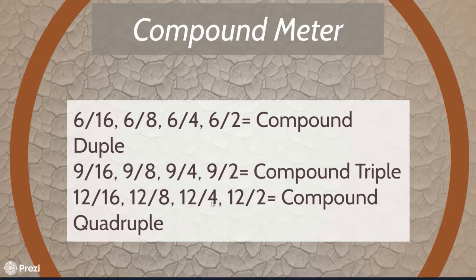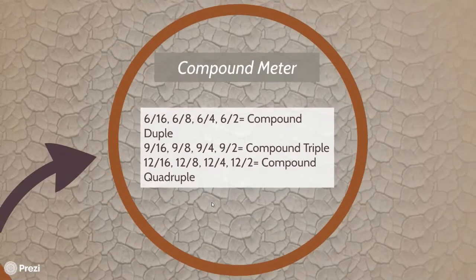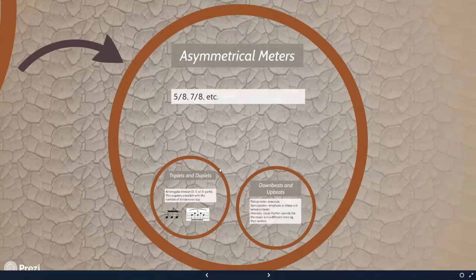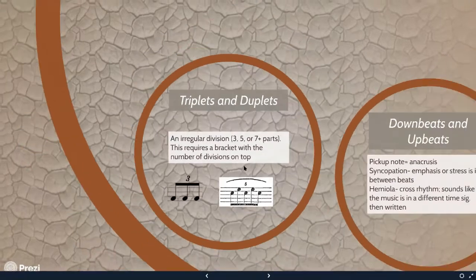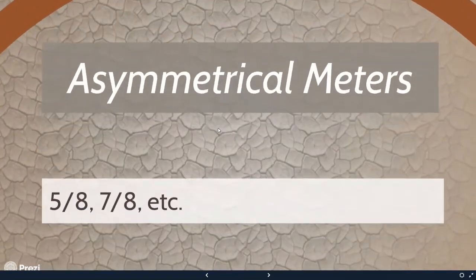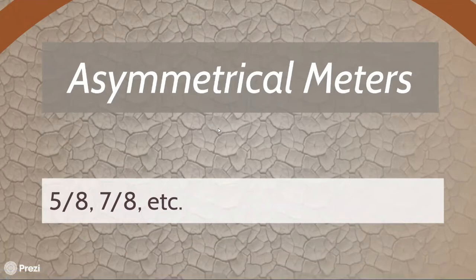Okay, so recapping, we have our meters, we have our written music, and we're dividing those into 2 separate categories. So we have our simple meter, and then we have our compound meters. We're dividing our rhythms to be able to write it out. We also have asymmetrical meters. Basically, asymmetrical meters are things that are not symmetrical.